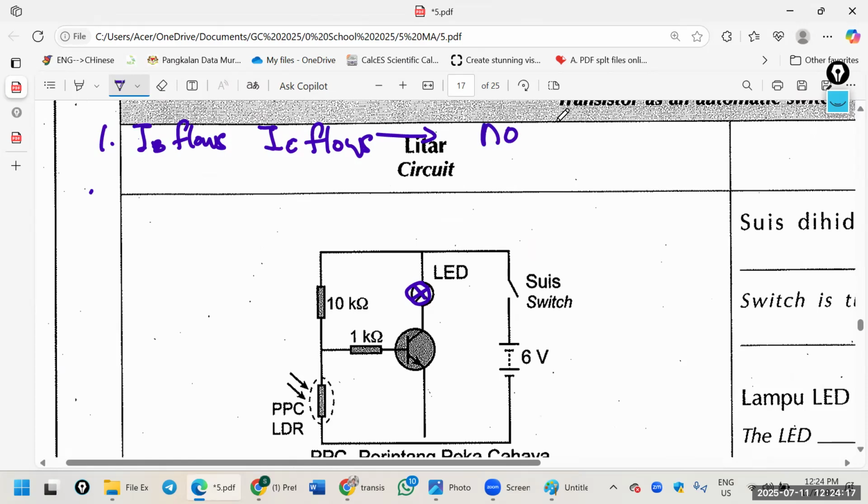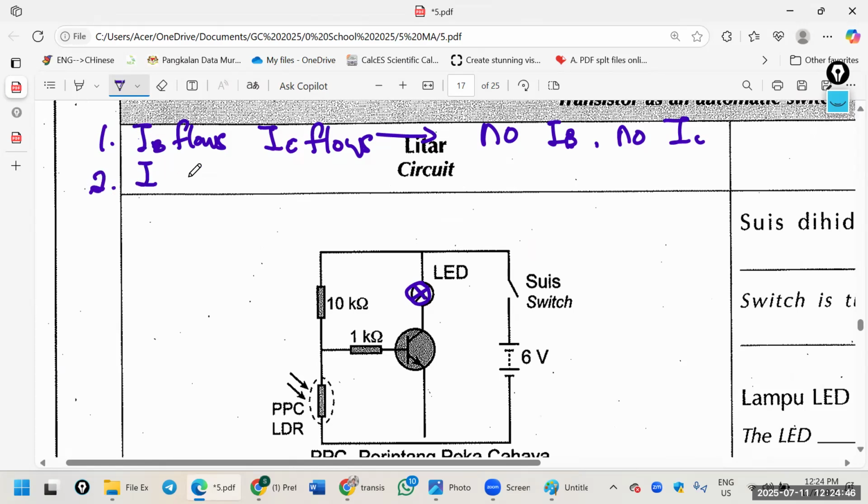Means no IB, no IC. No IB, no IC. If you want IC, you must have IB. Okay?